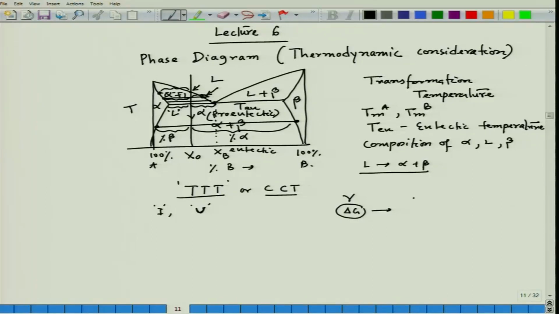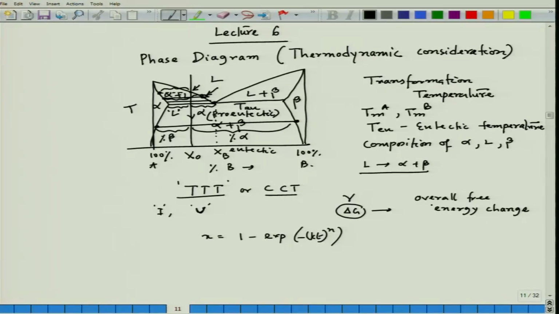One is overall free energy change, that means for overall transformation kinetics, which is decided by the JMAK equation, X equals 1 minus exponential of minus kt to the power n.